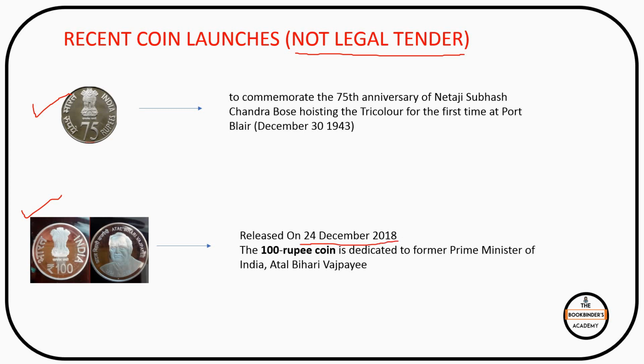The 100 rupee coin is dedicated to former Prime Minister Shri Atal Bihari Vajpayee. So I hope you make sure that you remember both of these coins, because both of these coins were launched recently. And also kindly remember that these are not legal tenders. They're only meant as a collection item or a memorabilia. Okay, so let's move on.